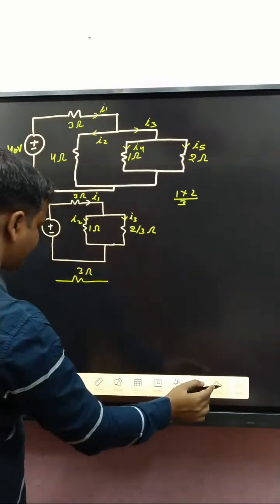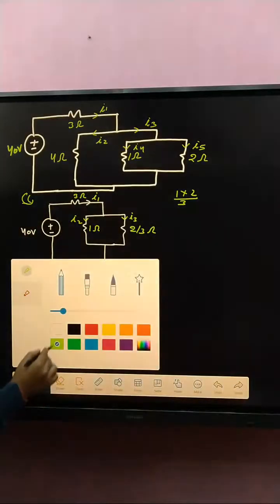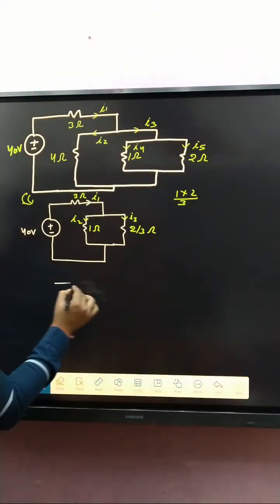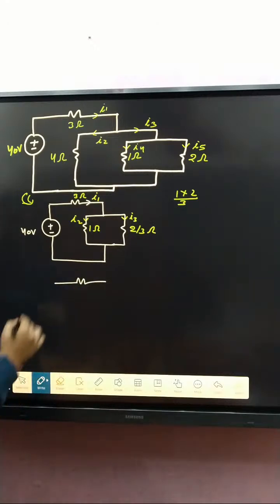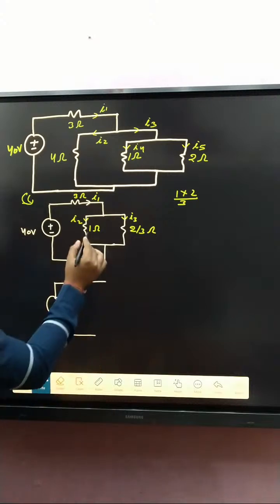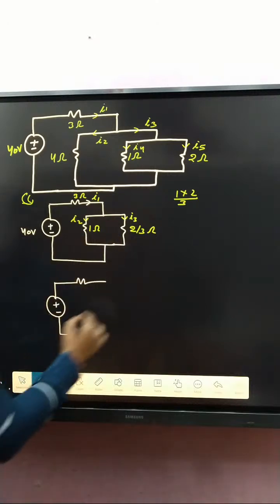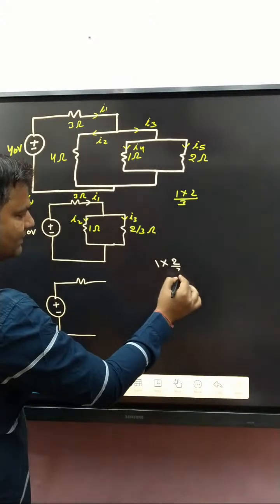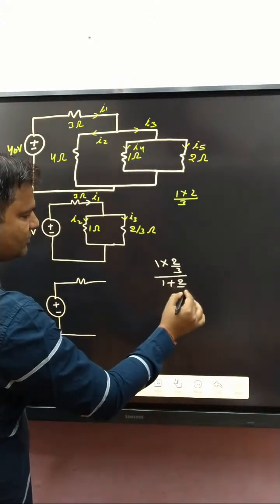That is 3 ohm, plus minus. Combination of these two, both are parallel. So 1 into 2 by 3 divided by 1 plus 2 by 3.